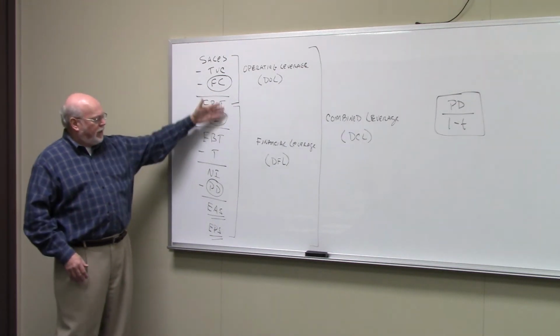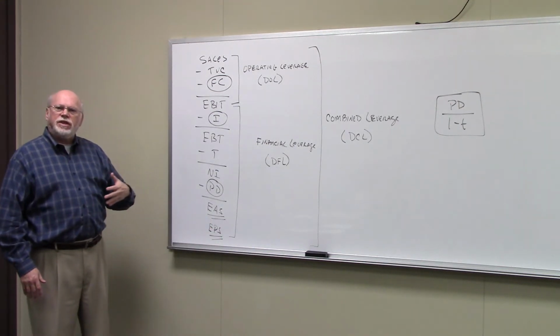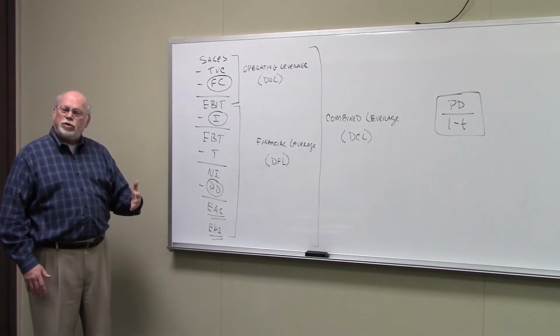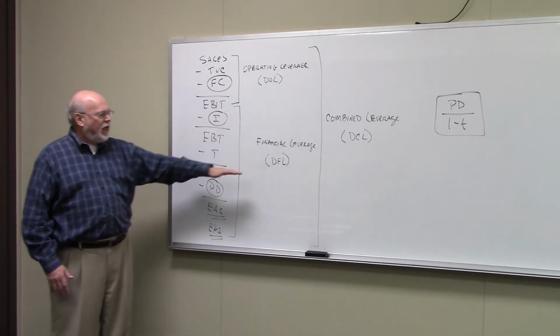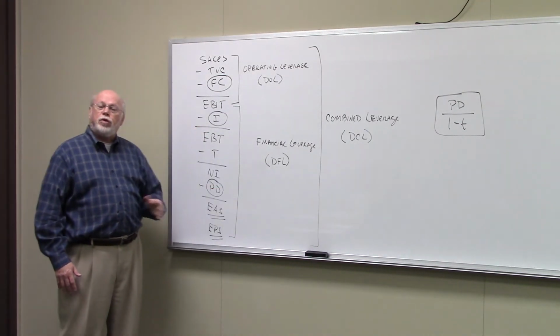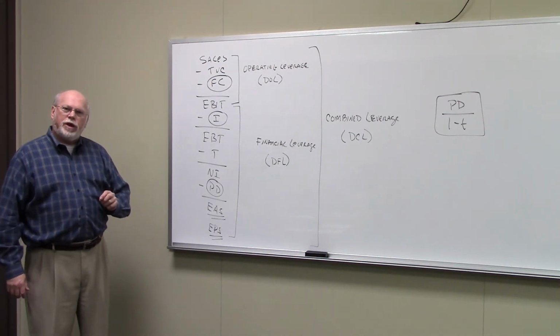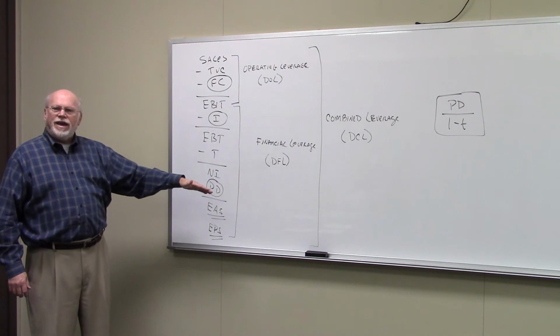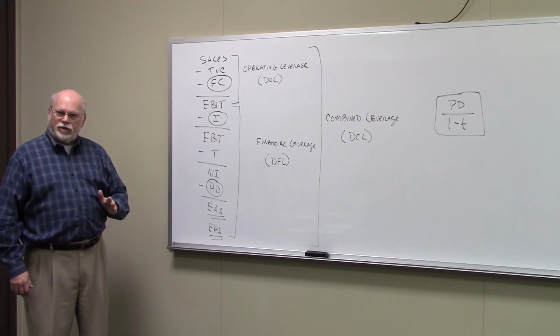And you can see it impacts the income statement second, and it tells us the change in our earnings per share given the change in operating profit. And that's measured through what's called the degree of financial leverage, which again we'll talk about in a video coming up here. Put together now, we have what we call the degree of combined leverage.